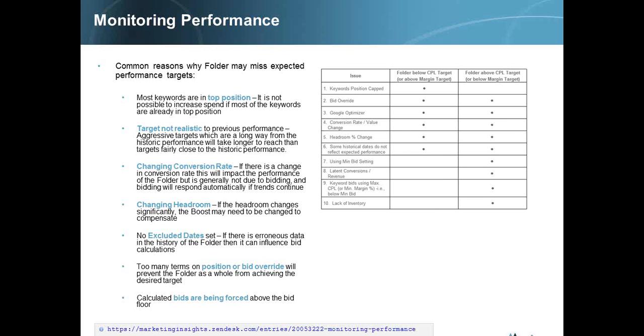But if this is your new run rate and your new conversion rate moving forward, and you expect it to be indicative of performance, the Marin bidding algorithm will pick up on that and will respond automatically if the trend continues to go that way.